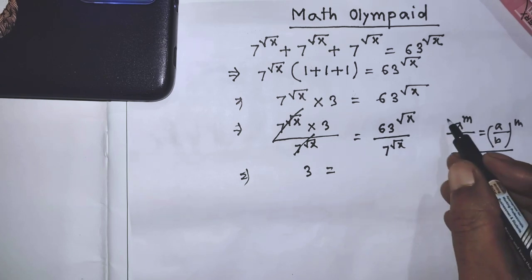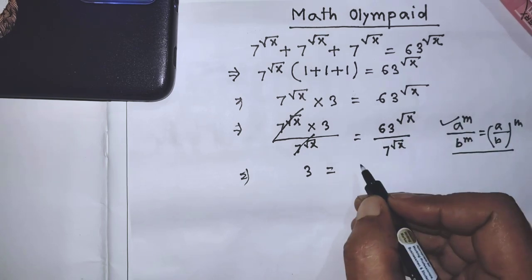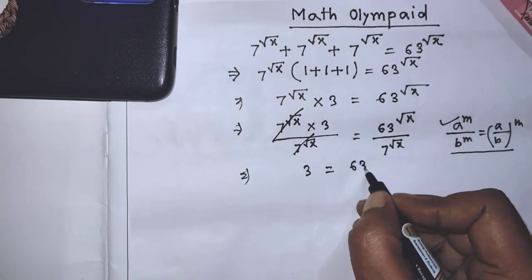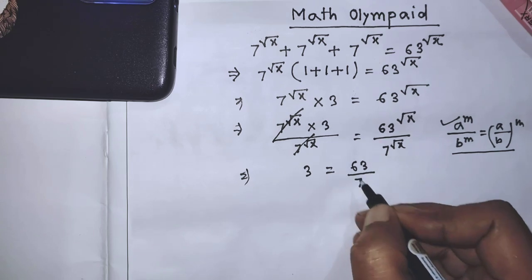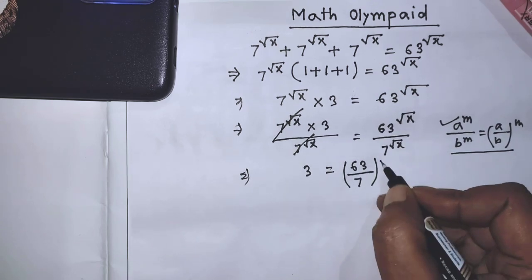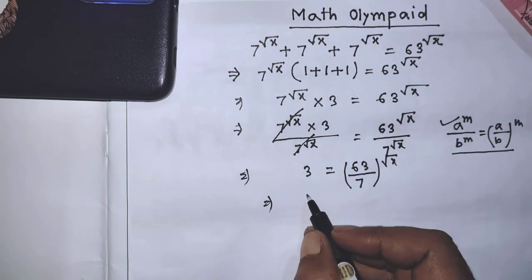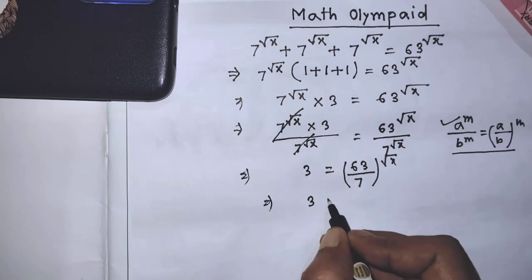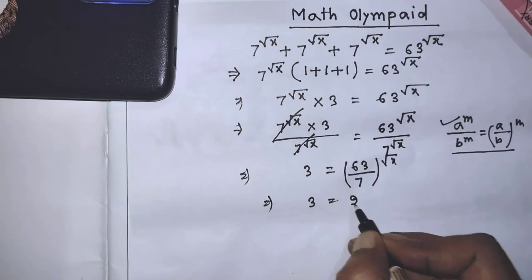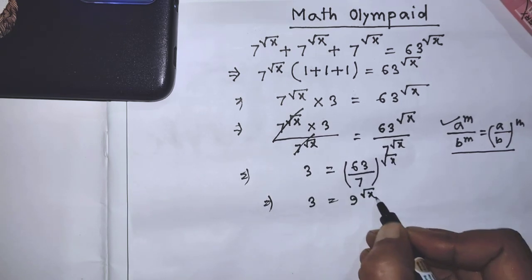So according to this formula it will be 63 over 7 whole to the power square root of x. After that it will be 3 is equal to 9 to the power square root of x.